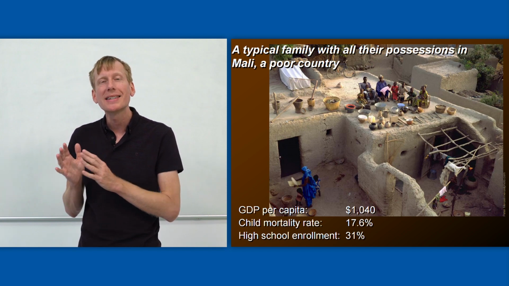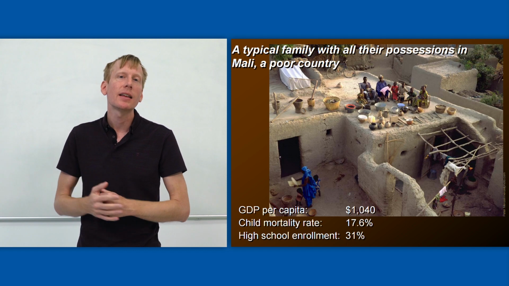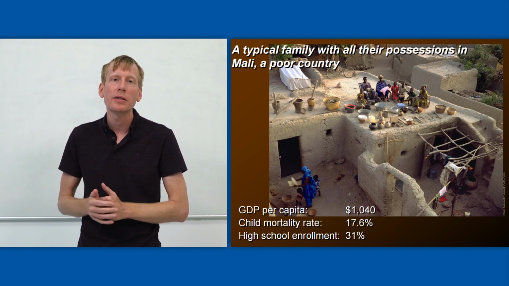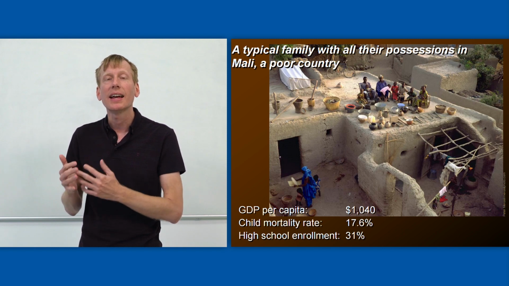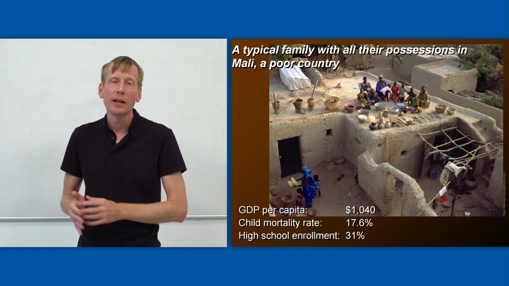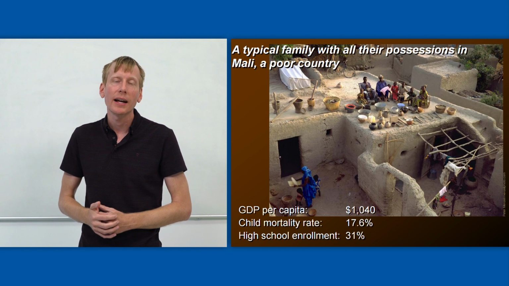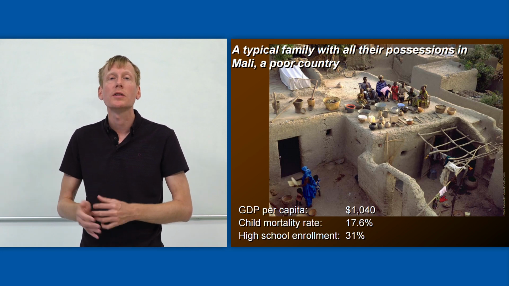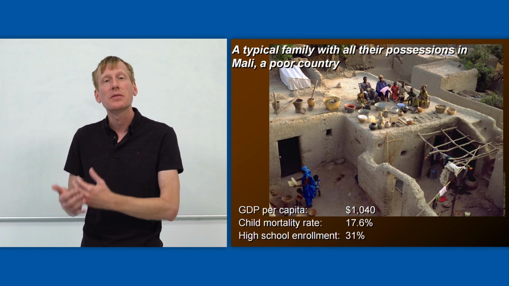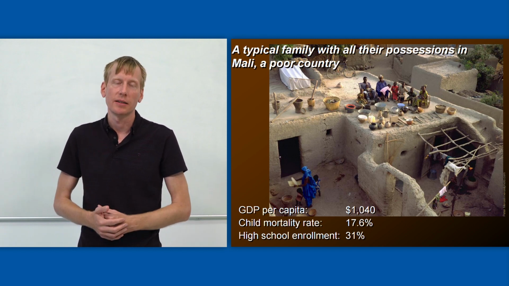When their GDP is less, that may not say anything about things like the quality of their marriages, but it does say that they're not able to afford things like health expenditures for children that would cause the infant mortality to be lower. Also see that high school enrollment is only 31% instead of 71 or 98%.